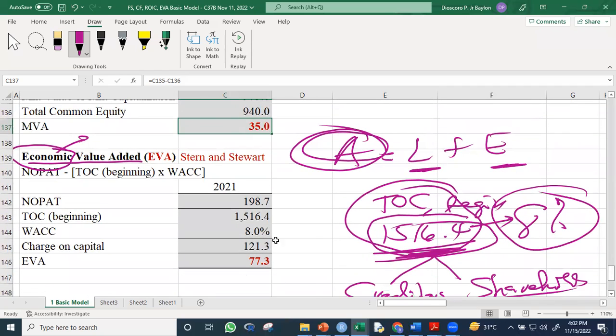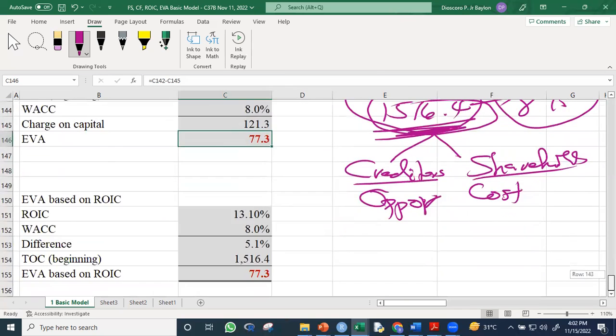Kasi dito, tinitingnan natin yung NOPAT na na-generate. Tapos tinitingnan natin magkano yung capital na ginamit. Tapos i-charge natin si management sa paggamit ng capital na yan. And then titingnan natin yung difference. If the difference between your NOPAT and your charge on capital is positive, then you'll have an EVA which is positive, then value was created.